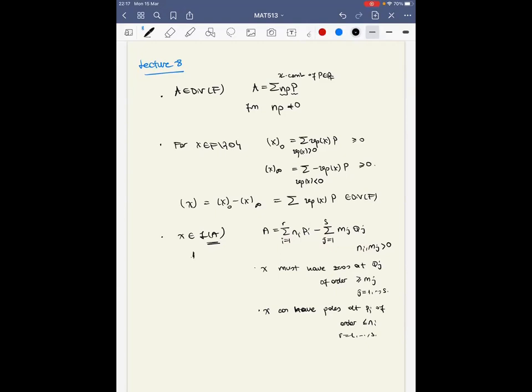And as a characterization, we also see that being x in the A space of A means that vP of x is always bigger than or equal to vP of the divisor A for each place P.